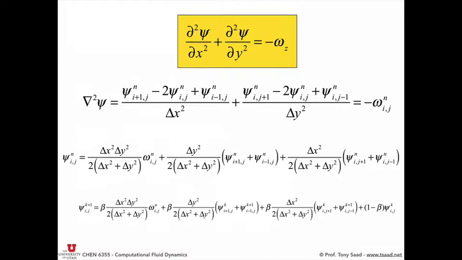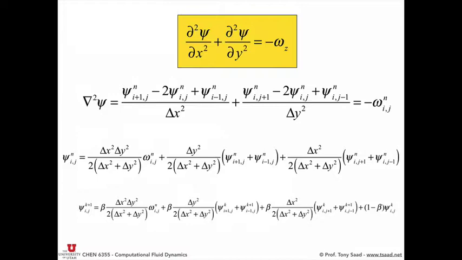At point ij, that's equal to minus omega ij. I am not going to assume equal spacing because I want the code to be general. You're going to be using the code for your projects. Okay. So what this gives you is really a system of equations. So our goal is to solve for psi ij.